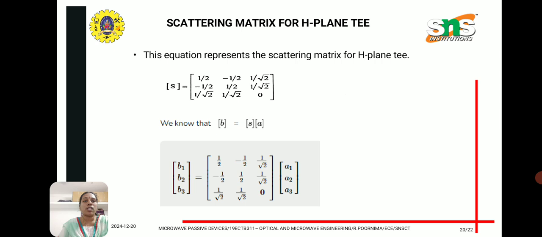So we derive the values of the S parameters. We get the S matrix of H plane T as: first row 1 by 2, minus 1 by 2, 1 by root 2; second row minus 1 by 2, 1 by 2, 1 by root 2; and third row 1 by root 2, 1 by root 2, 0. From this we can write the equation of H plane T, B equal to S into A.